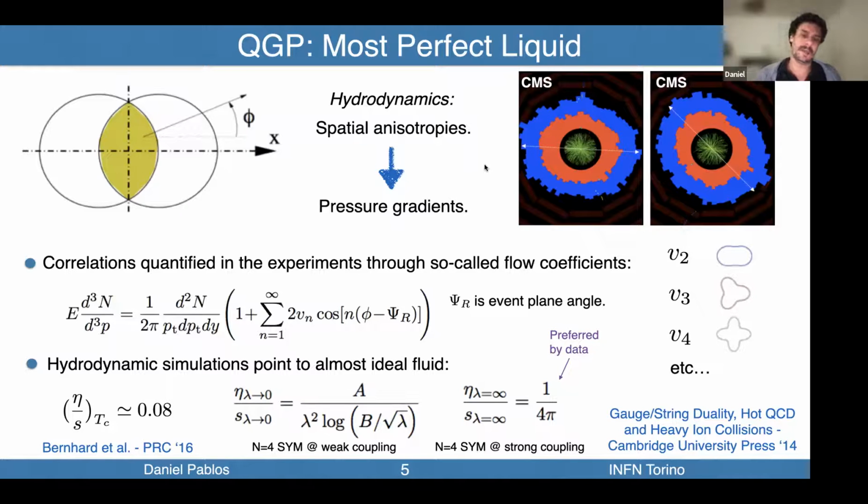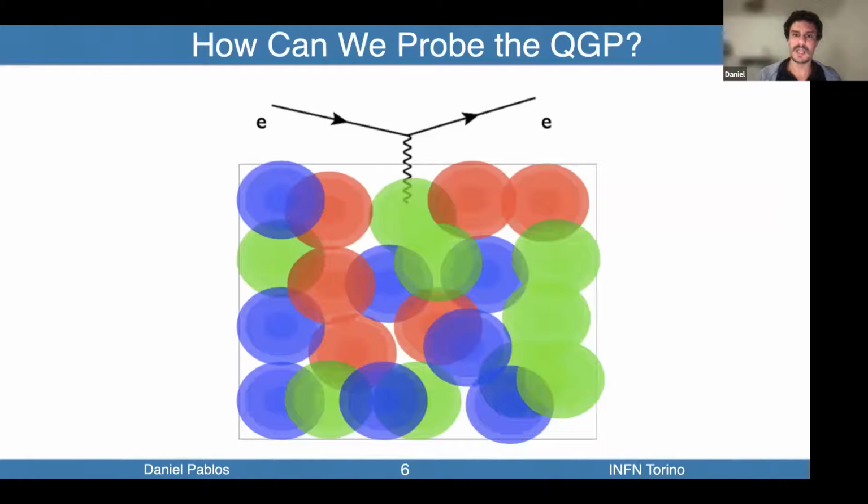This limit was obtained in the gauge-string duality, and in principle there's no reason why it should not apply to QCD, although the gravity dual of QCD hasn't actually been found. It seems to be preferred by data, perhaps indicating that this is a system that lacks quasi-particles and is very strongly coupled. So how can we probe this very interesting system?